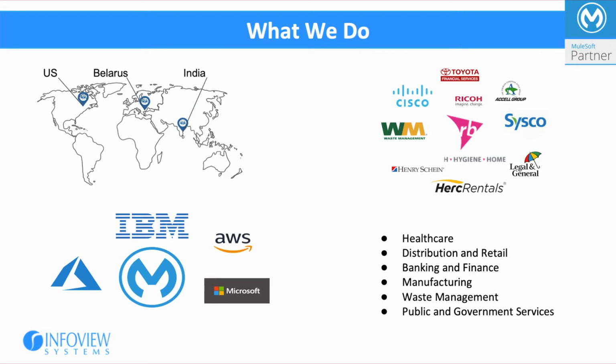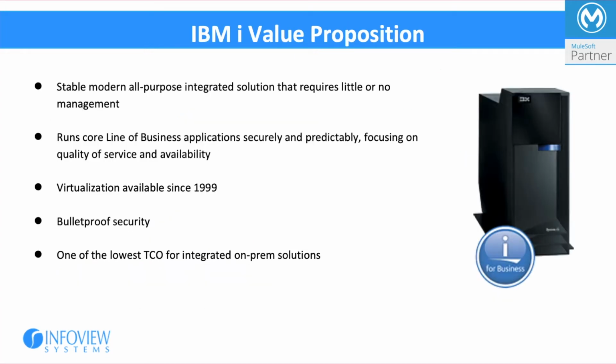We have also partnered with IBM, AWS, and Microsoft, and we are MuleSoft partners. Our services are spread across healthcare, retail, banking, finance, manufacturing, waste management, and public and government services. I now hand over to Satya. Satya, please take over from here.